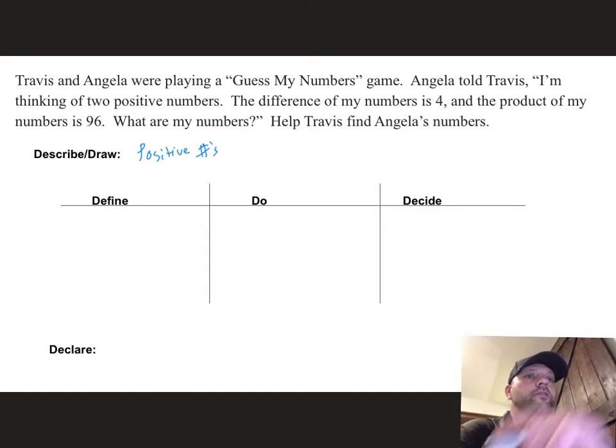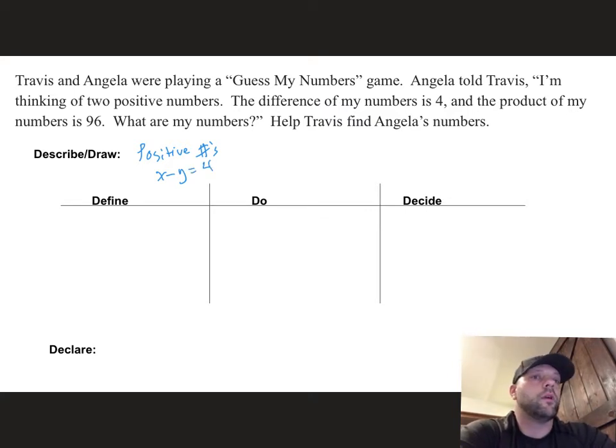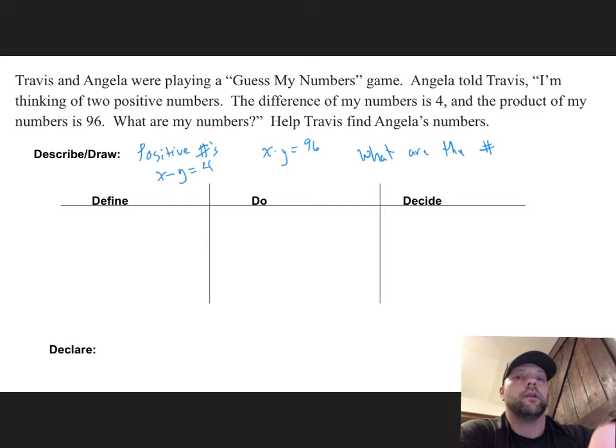The difference of my numbers is 4, so that means x minus y needs to equal 4. The product, which means multiplication, so x times y needs to equal 96. And then the question: what are the numbers?